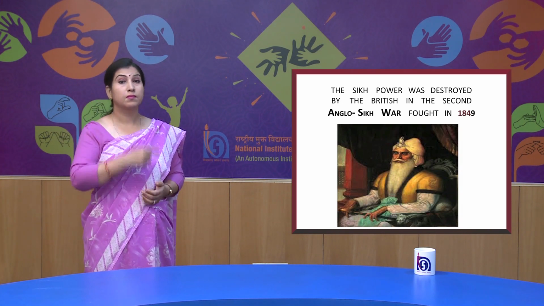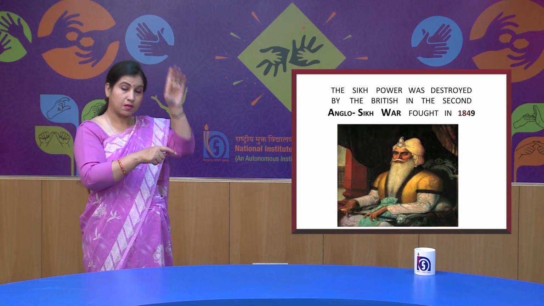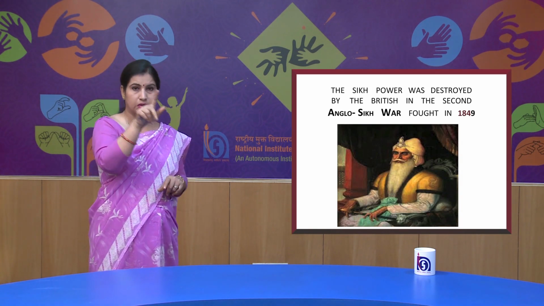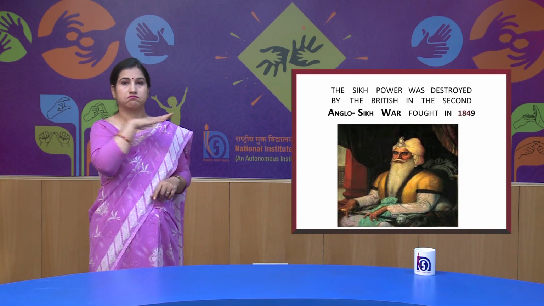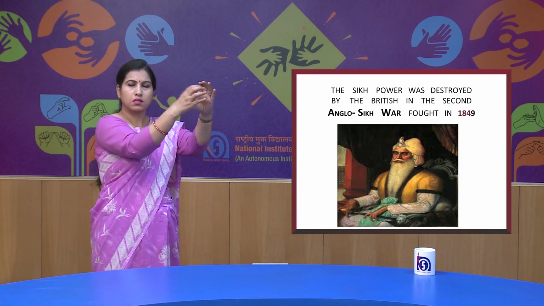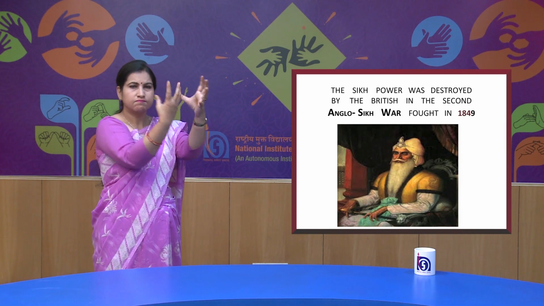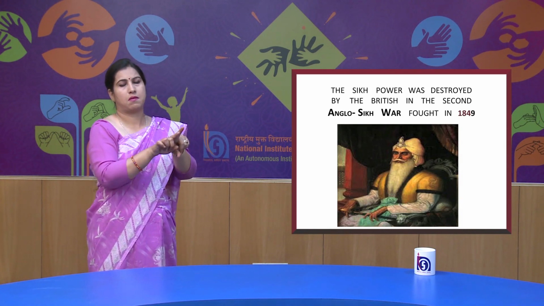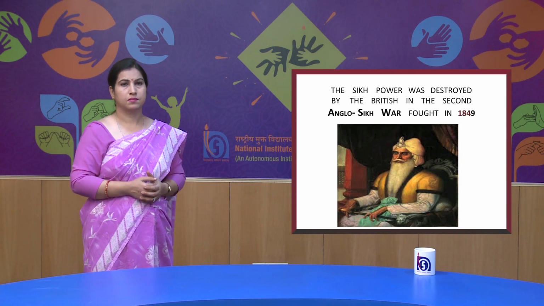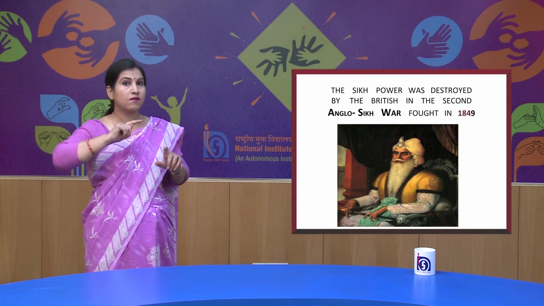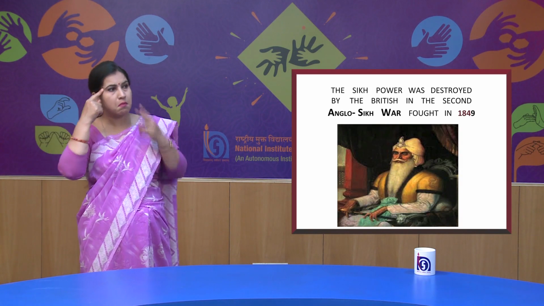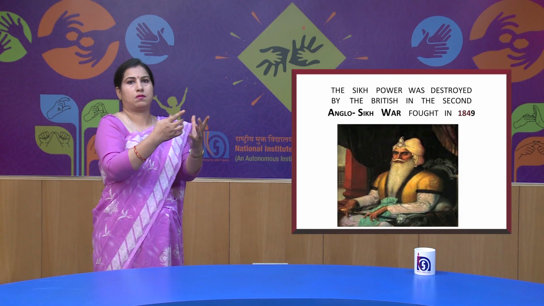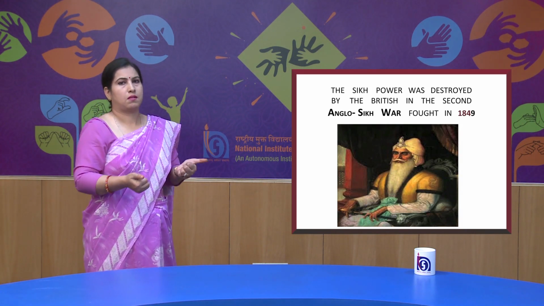With the death of Ranjit Singh in the year 1839, the internal unity of Punjab vanished, giving the British the chance to interfere in the internal matters of the Sikhs.